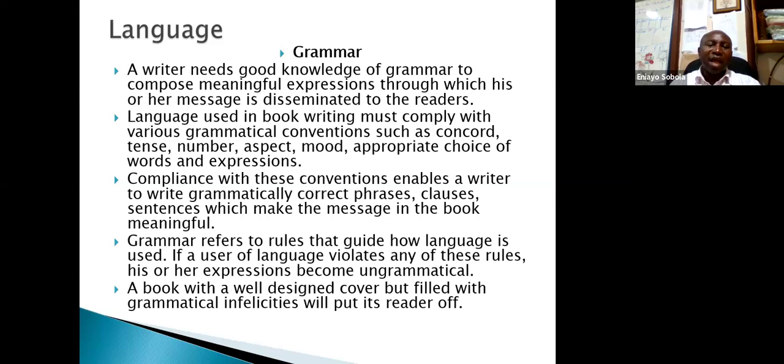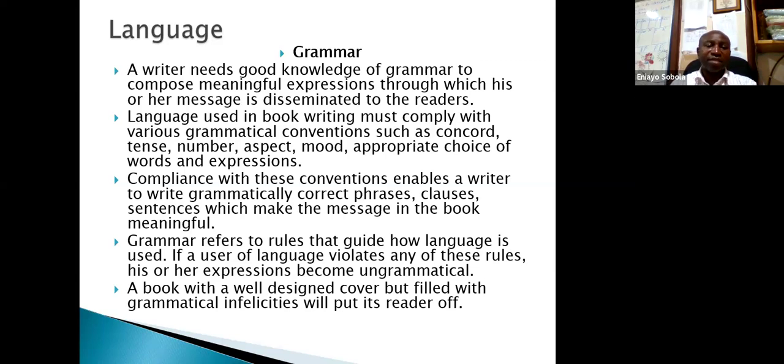Out of them, you need to make the appropriate choice of the word that will carry the expected meaning. And also in your expression, there are several ways of saying one thing. You need to make the appropriate choice of how you construct your information in a way that will appeal to your audience. All these rules are crucial.